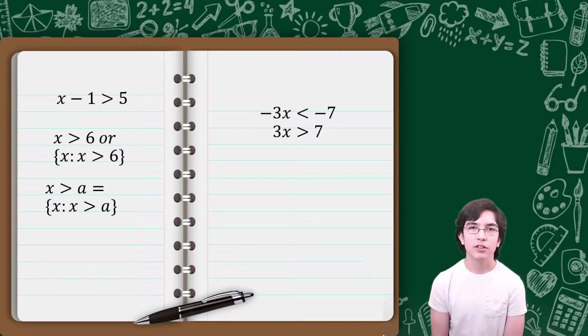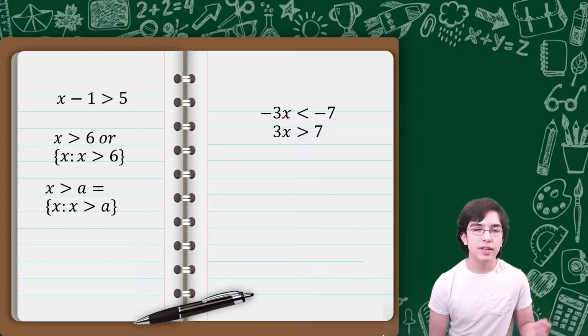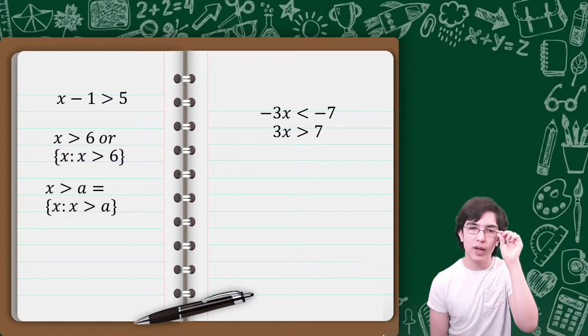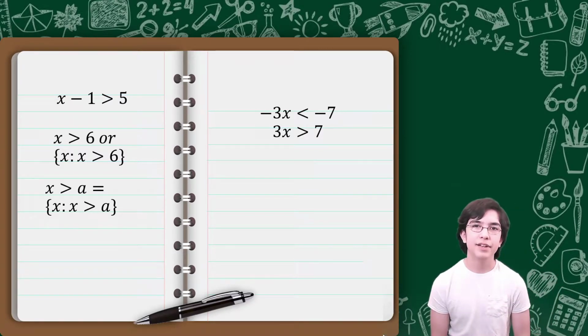One thing to watch out for while dealing with inequalities is flipping negatives to positives. If you have negative 3x is smaller than negative 7, it flips to 3x is greater than 7, because say x was 5, right? Negative 3 times 5 is negative 15, which is smaller than negative 7.